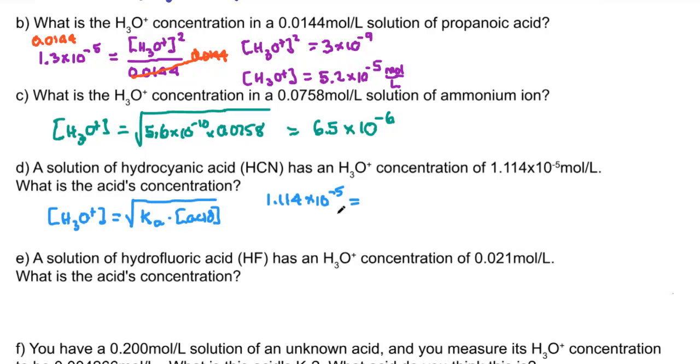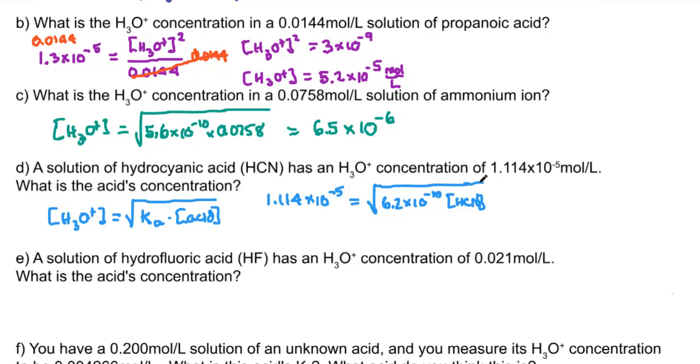And our formula says that must have come from doing the acid constant for HCN, which is 6.2 times 10 to the minus 10, times the concentration of the acid, and I don't know what that is. They're asking us to find it. So instead of just running the formula as written, we have to do some algebra and get the HCN out of here.